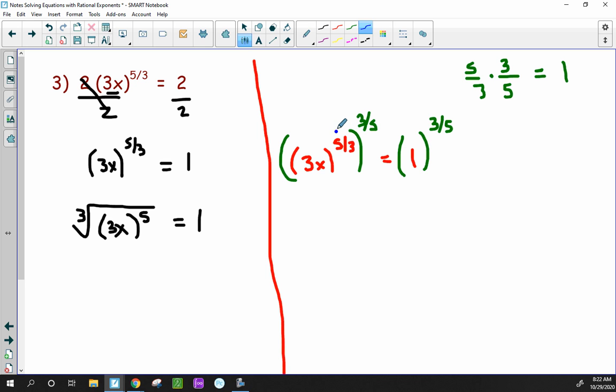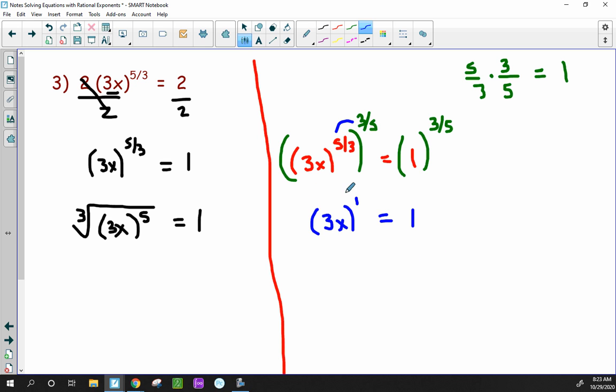When you multiply 5/3 times 3/5, that is 1. So this entire left side is going to go to 3x. I'm going to keep it in parentheses just for the sake of it. But 5/3 times 3/5 is power of 1. And then on the right side, 1 to the 3/5 power, well, 1 to any power is just going to be 1.